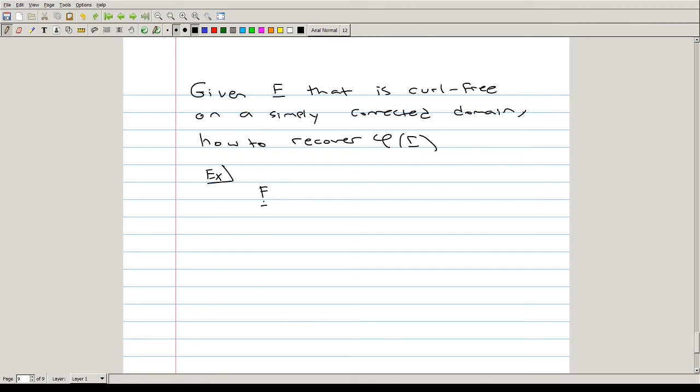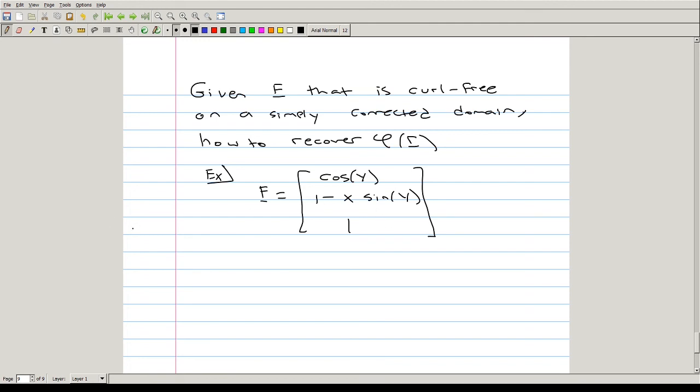For example, we'll start with the following vector field. F is equal to cosine of y, 1 minus x times sine of y, and we'll say that the z coordinate is equal to 1. If this is conservative, it certainly is continuous everywhere. Each one of these functions is continuous.